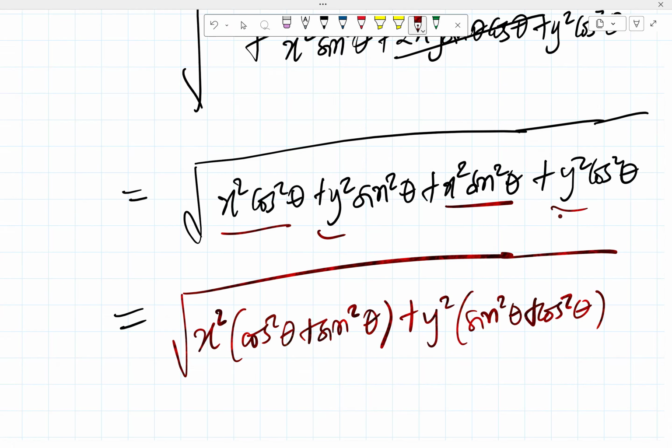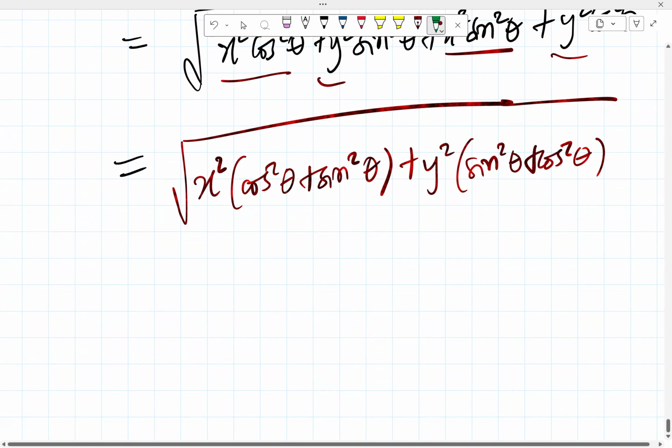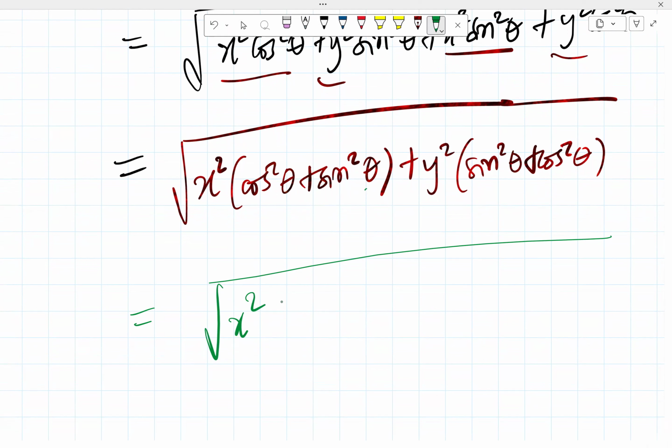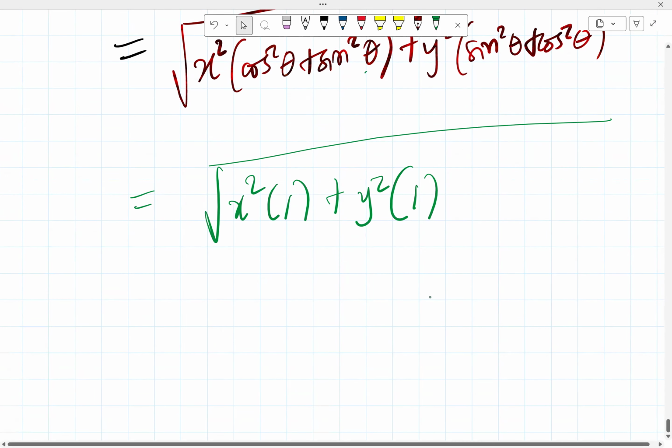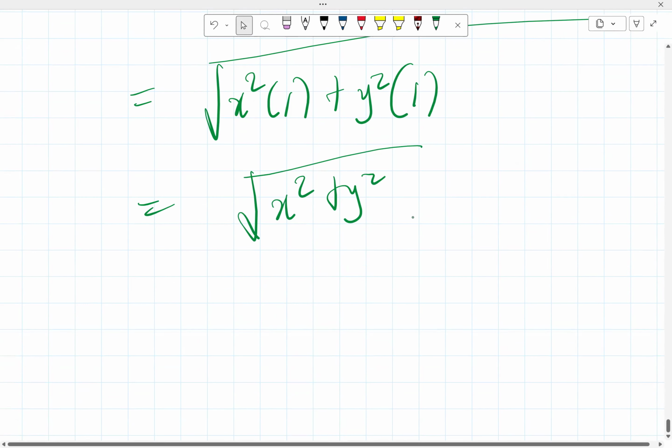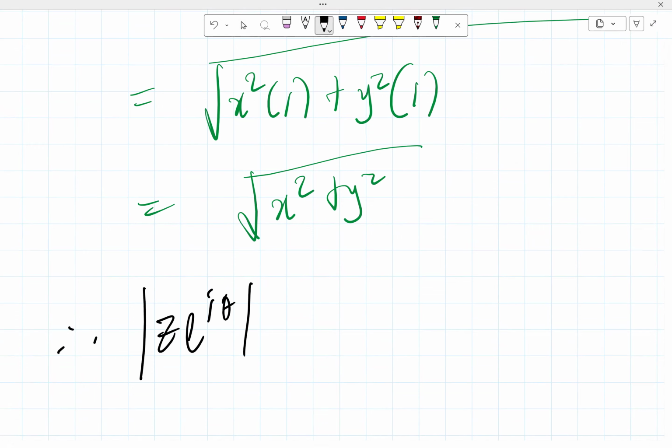Cos squared theta plus sine squared theta is 1, clearly, and sine squared theta plus cos squared theta is also 1. So we have the square root of x squared plus y squared. Therefore, the absolute value of z e raised to the power i theta is equal to the square root of x squared plus y squared.